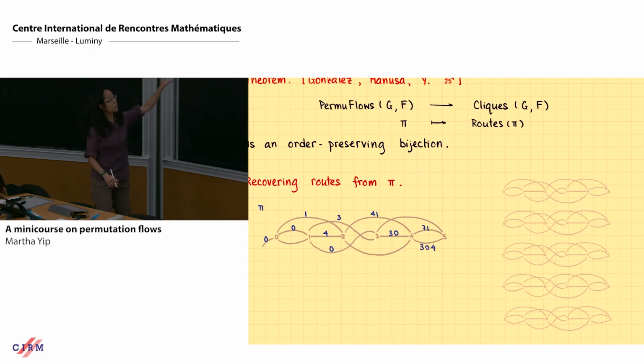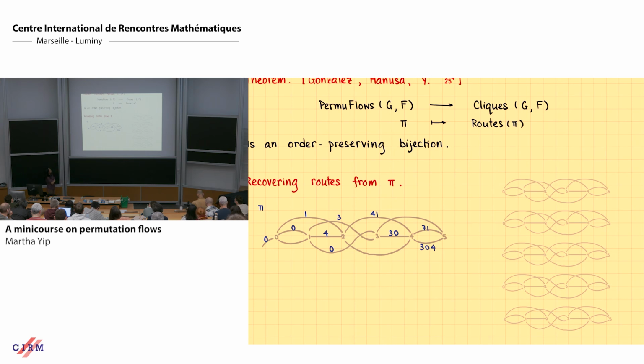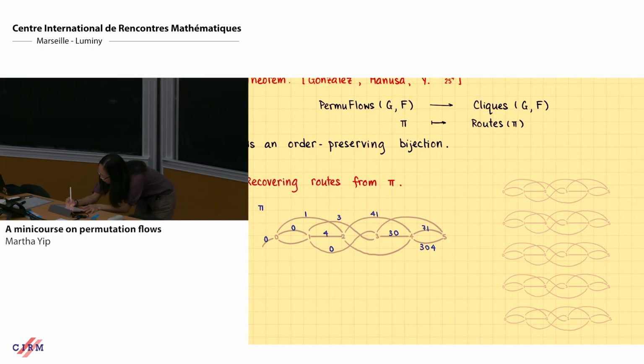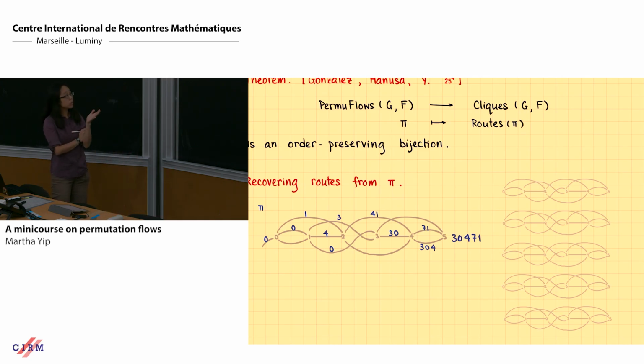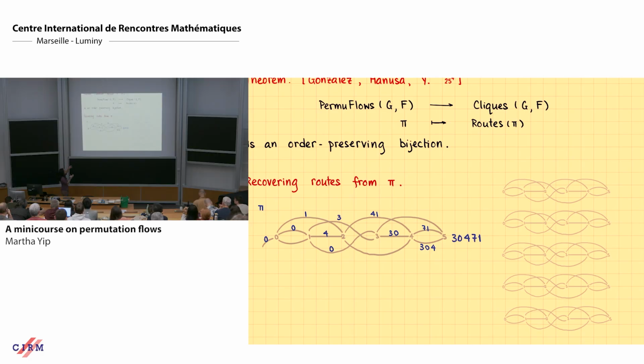Again, the pi permutation flow that we've been working with: you'll notice the outgoing permutation at the end, the outgoing permutation at vertex n, has 5 letters. Each one of them encodes a route. This is not a maximal permutation flow, it just encodes a clique of rank 4.